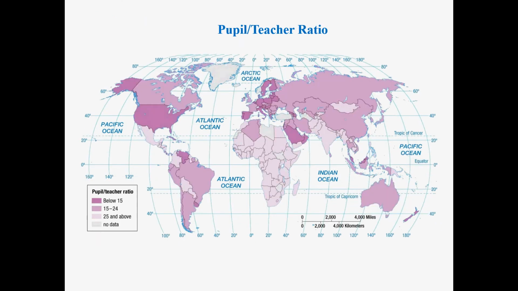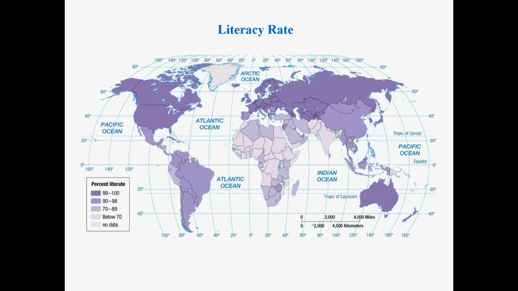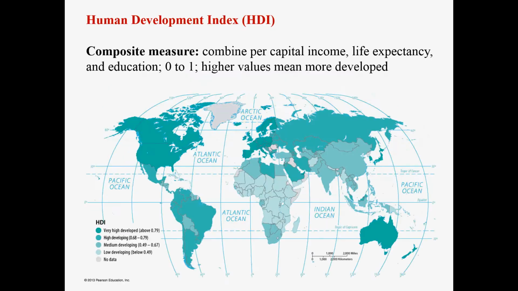The number of students per teacher ratio, again, African countries and South Asian countries show very high level disadvantage compared with other countries and other regions. Literacy rate is very clear. Again, South Asia and sub-Saharan Africa relatively low compared with other world regions.